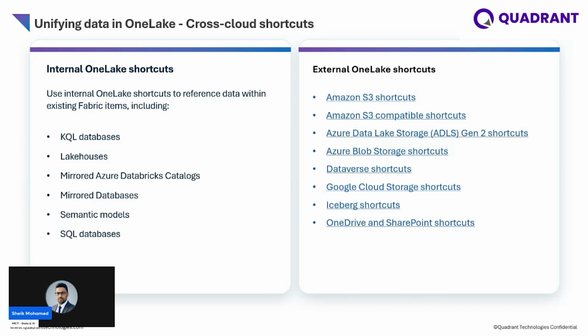OneDrive and SharePoint shortcuts, which are currently GA as well. So these are the kinds of support we have when it comes to external OneLake shortcuts. You have to decide, based on the use case, whether you want to go for external shortcuts or mirroring. Yeah, next slide, please.